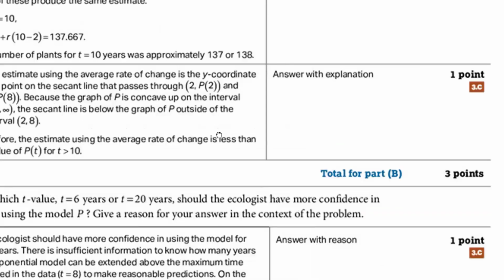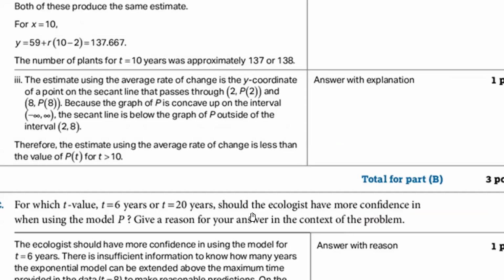On part 3, to get your 1 point, it's asking you to explain what the average rate of change means in terms of this problem, okay? So when you're looking at that secant line that passes through 2, comma, P of 2 and 8, comma, P of 8, because the graph is concave up, this is where you're describing the concavity. You're describing the concavity and the secant line where the slope is positive or negative.